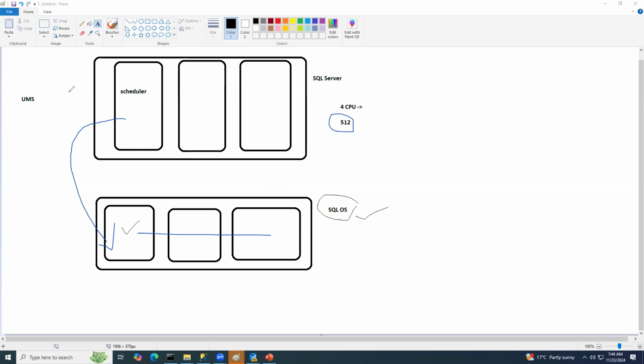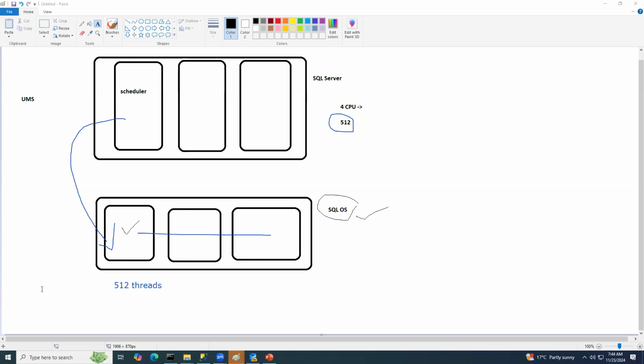Let's say 512 threads, where a thread is nothing but the execution unit of your task. Everything will be executed, so all CPUs are busy because you are spawning all the threads at the CPU level, and this will impact the performance of your workload.